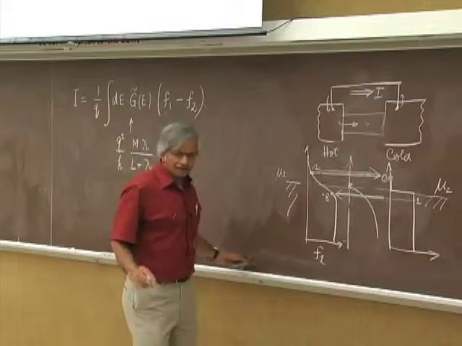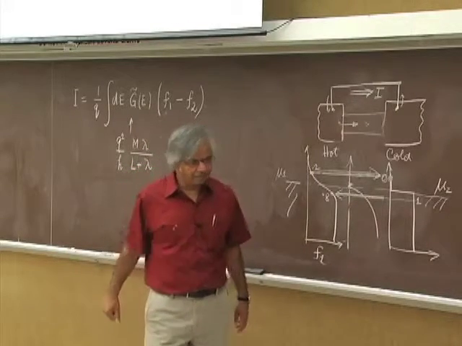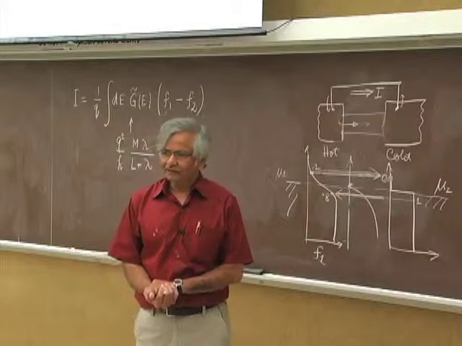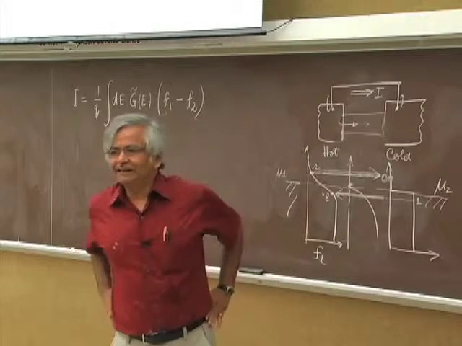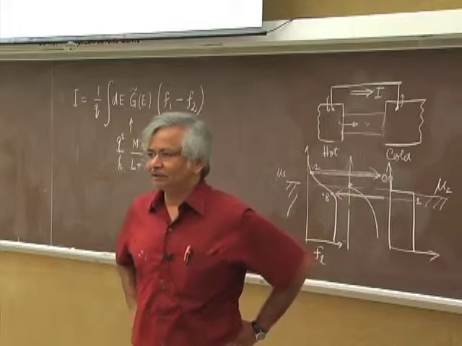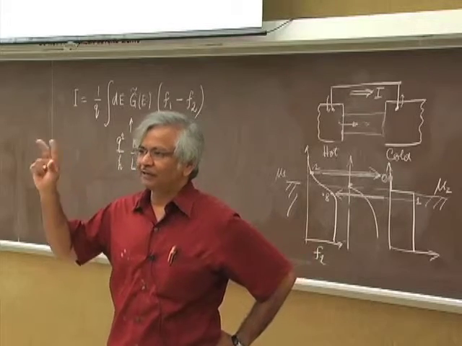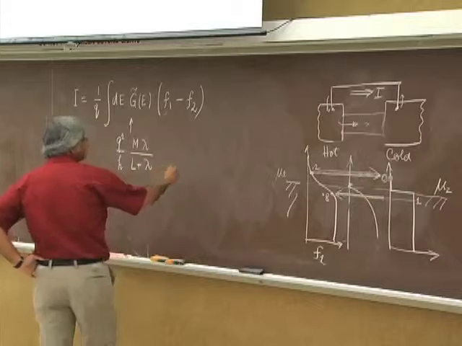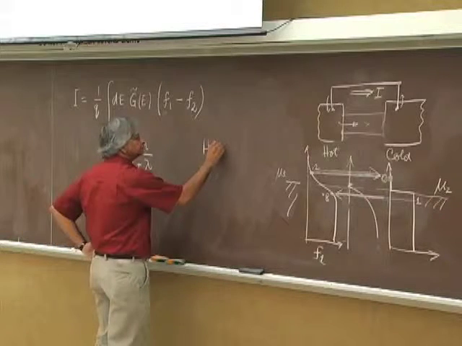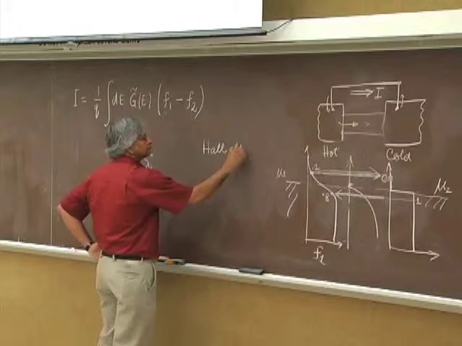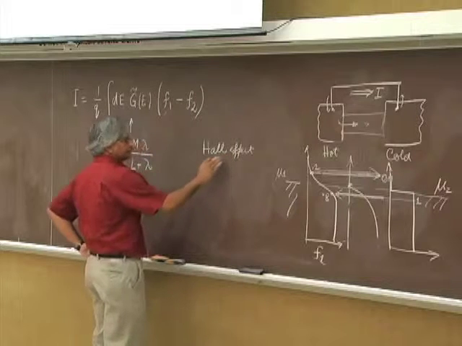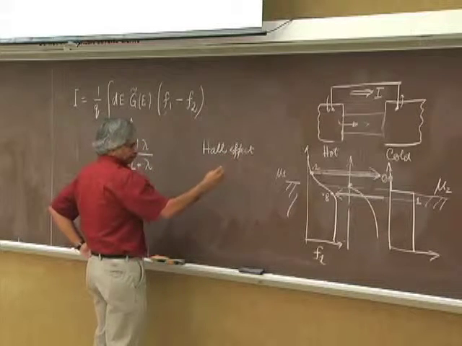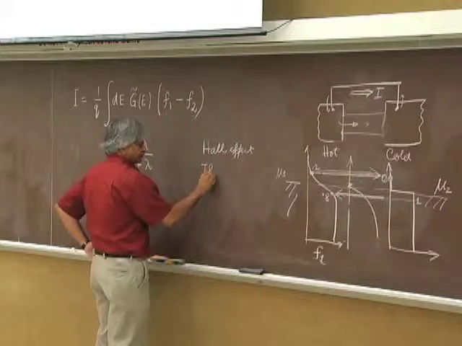But let me qualify that a little bit, since right before this we talked about the Hall effect. Usually the way you tell the difference between N and P-type conductors, there are two standard ways of doing it. One is this Hall effect, and the other is what we just discussed, this thermoelectric effect.